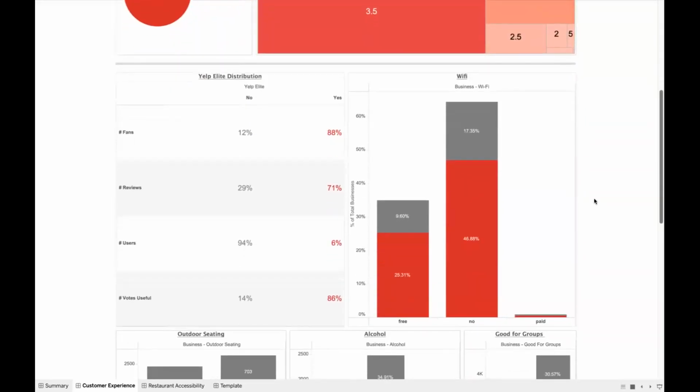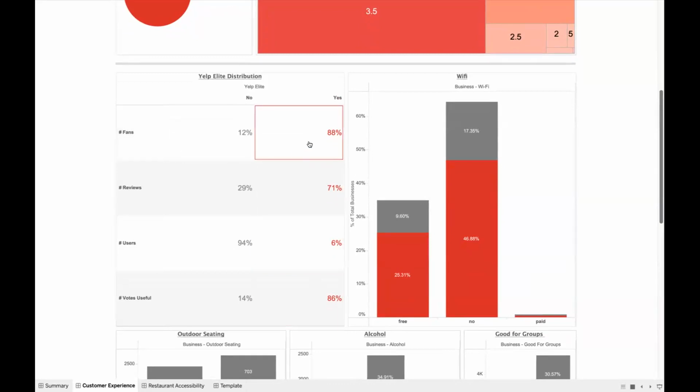Then we also have a distribution between non-elite and elite members. We can see almost 94% of our users are non-elite, but 6% of users are elite members. And from this we can understand that most of the impact made on Yelp is from these customers.